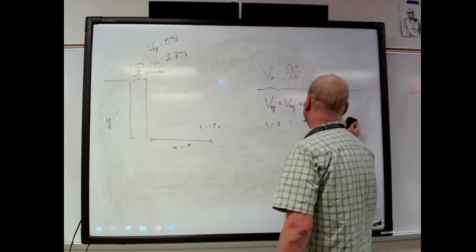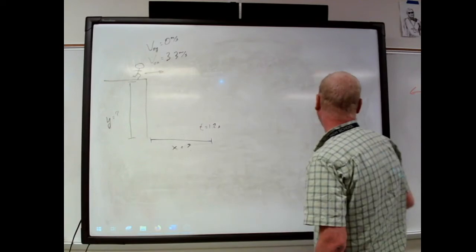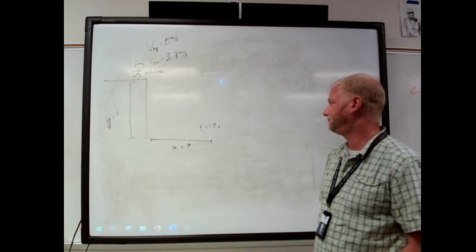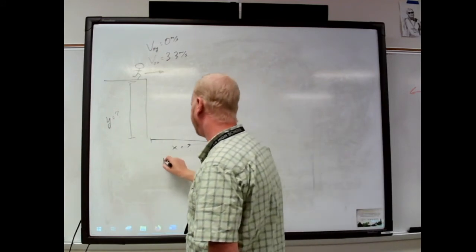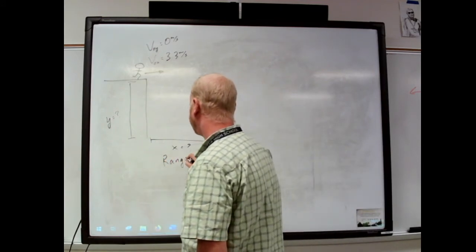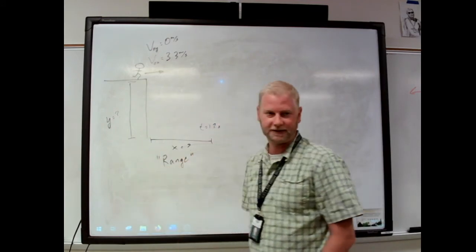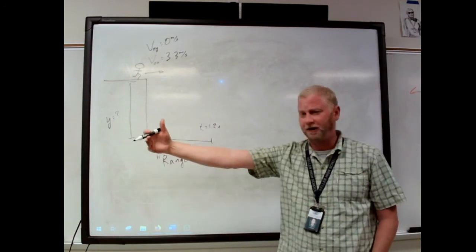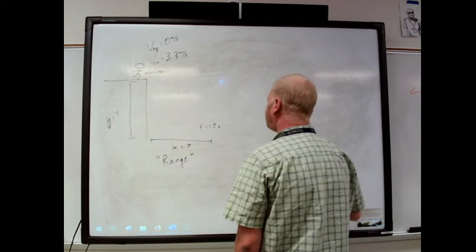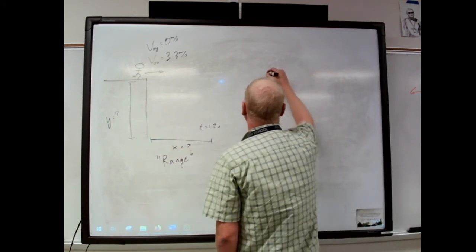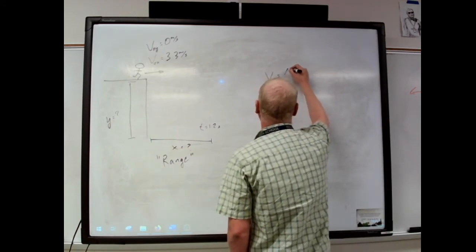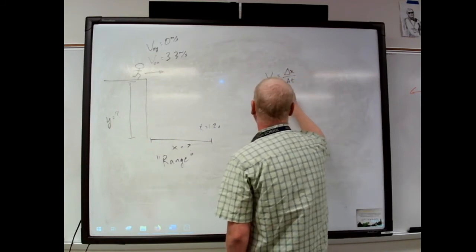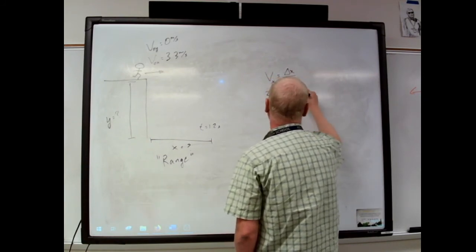So if we want to find x, that distance that he lands away from the cliff, we're also going to call this the range a lot in problems. Like when you talk about the range of a rifle, you're talking about how far that rifle will shoot. So we know that our horizontal has constant velocity, and that constant velocity is 3.3 meters per second.